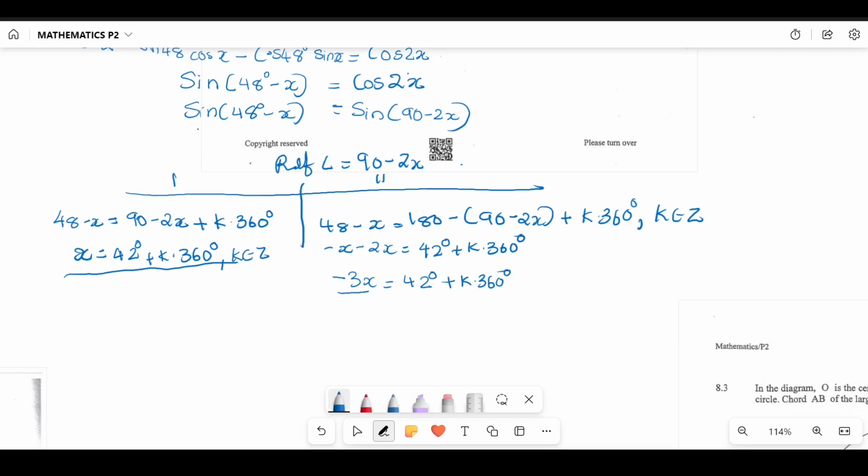Dividing by negative 3 throughout, the final answer is x equals negative 14 degrees minus k 120, k element of Z. So another answer. So these are the two general solutions.